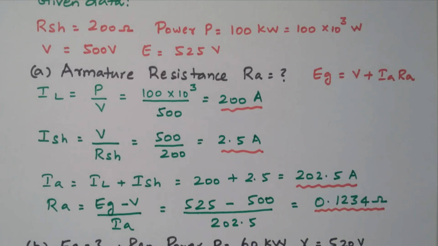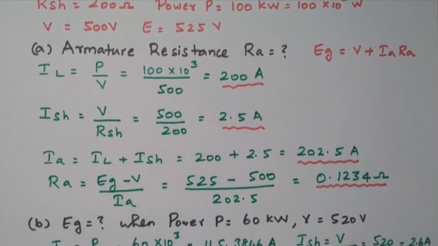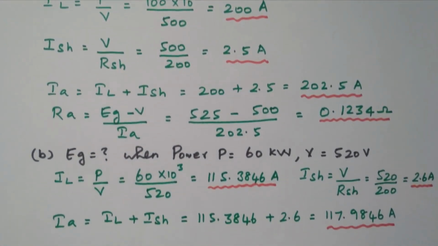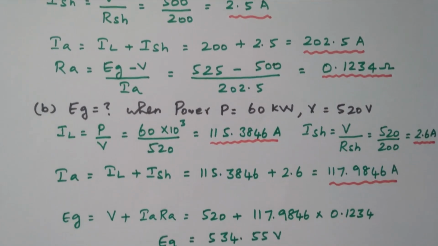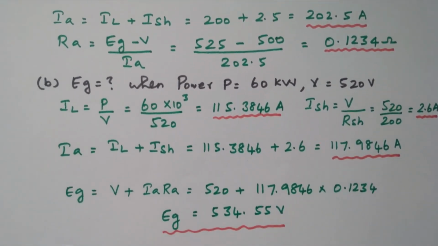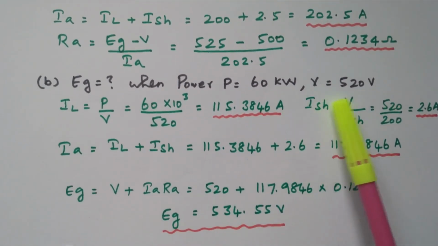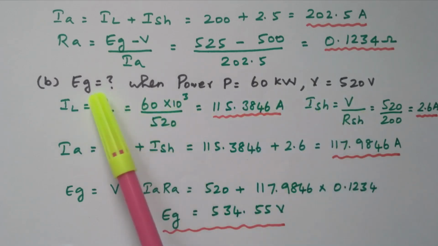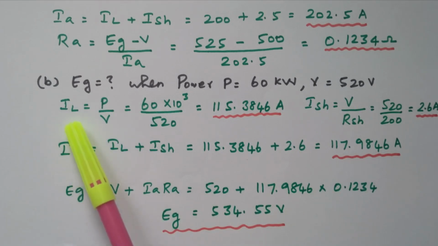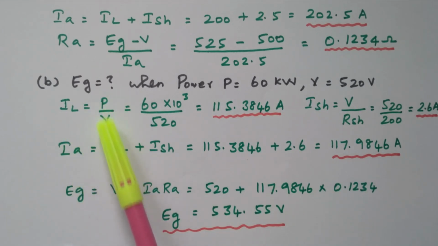Now we'll go to the second part. In the second part we need to find the generated EMF when the power is 60 kilowatt and the terminal voltage is 520 volts. Again we'll find the load current. Now the power and voltage are changed.